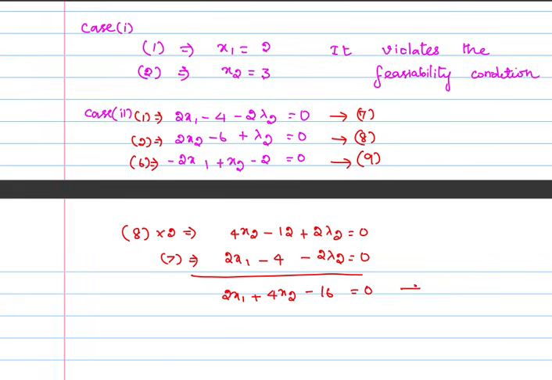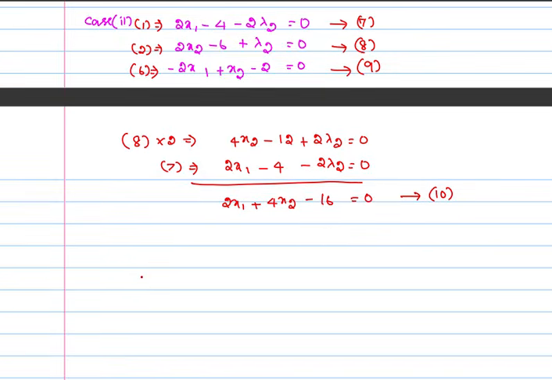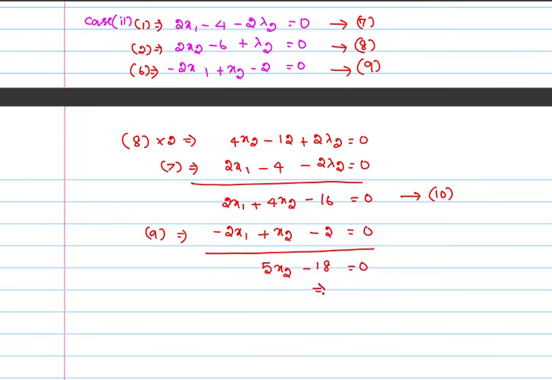I will name this equation 10. From 9 and 10 you add. The 9th equation as it is: minus 2x1 plus x2 minus 2 equal to 0. If I add together, 5x2 minus 18 equal to 0. This implies x2 equals 18 divided by 5. Now that you know x2, what about x1?